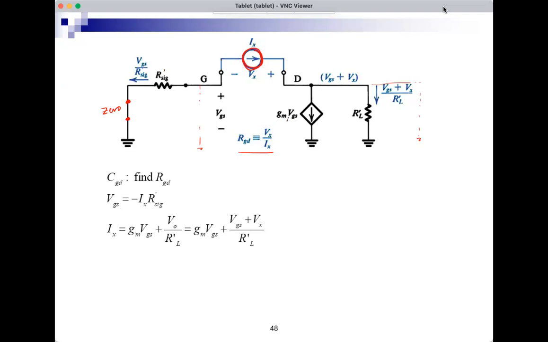So I think I have all the equations I need to find the ratio Vx over Ix, which is the resistance seen by CGD under the OCTC conditions. And I get this: R prime sig plus R prime L plus GM R prime sig R prime L.